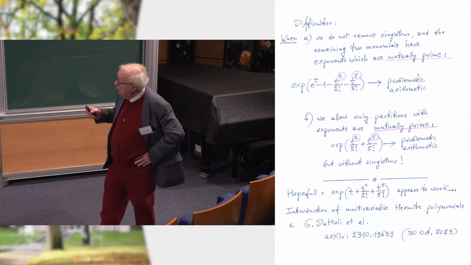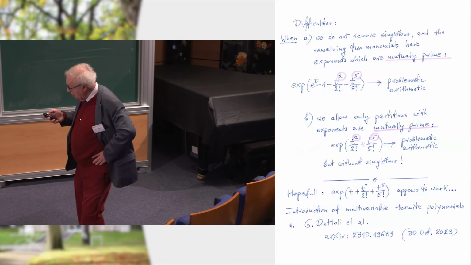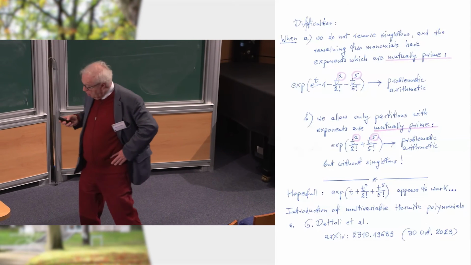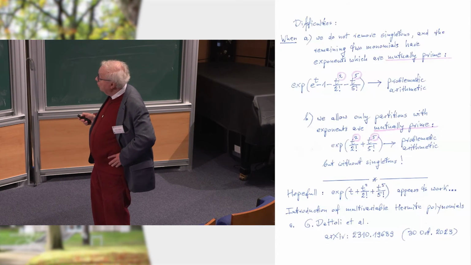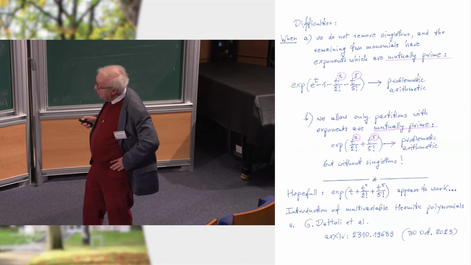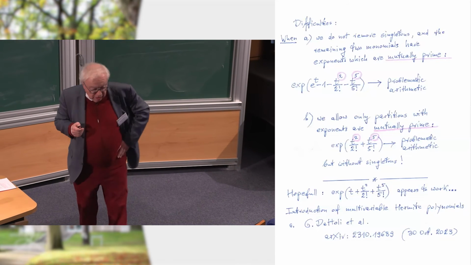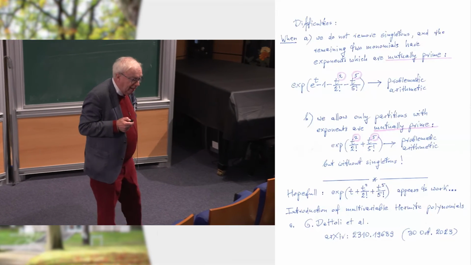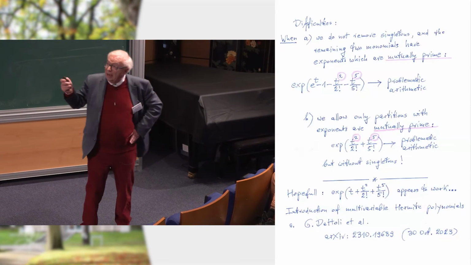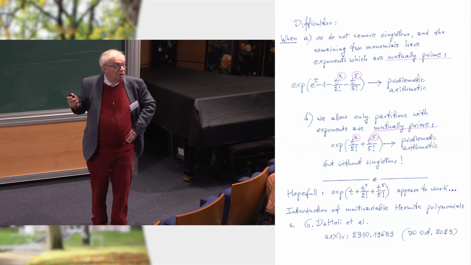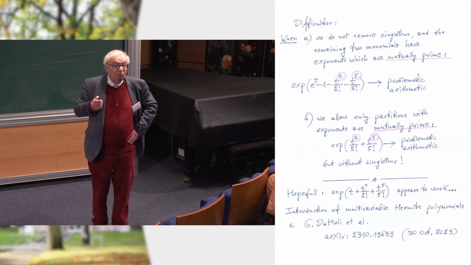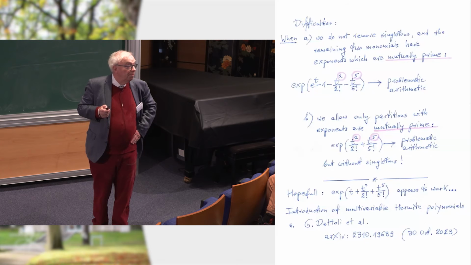So our friend Giuseppe Dattoli published 2 weeks ago a paper in arXiv, which is listed here, where he proposed to define a kind of Hermite polynomials which will be of many variables.